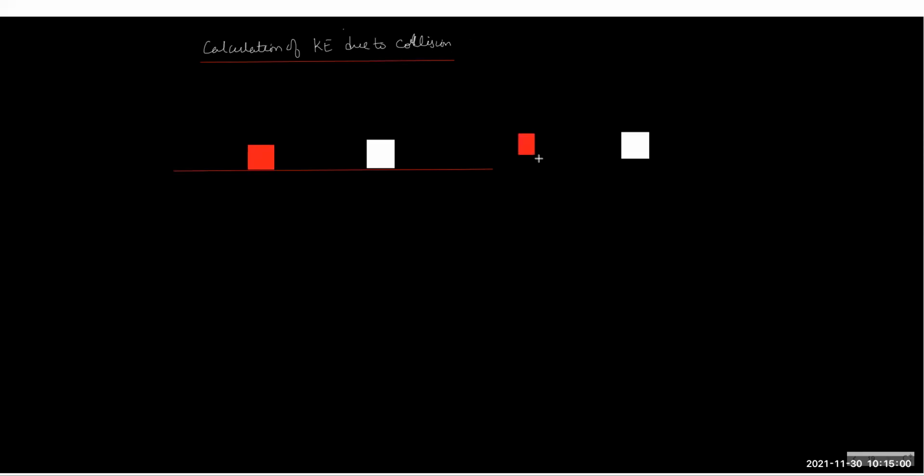But that is a very bad way. If you try to solve this with u1 and u2, and then v1 and v2, before and after, the kinetic energy of the system in the very beginning will be half m1 u1 square plus half m2 u2 square, and finally half m1 v1 square plus half m2 v2 square.